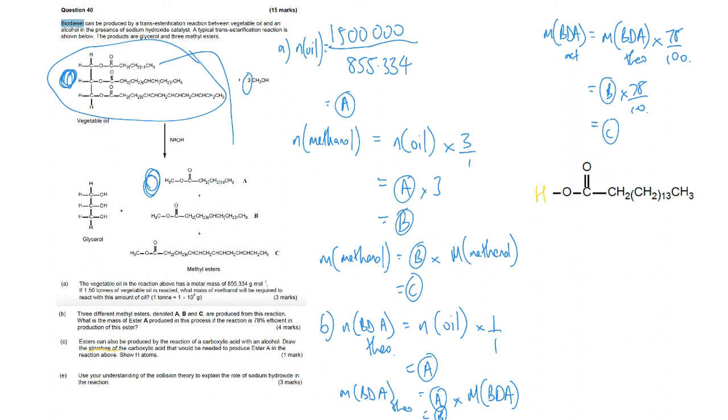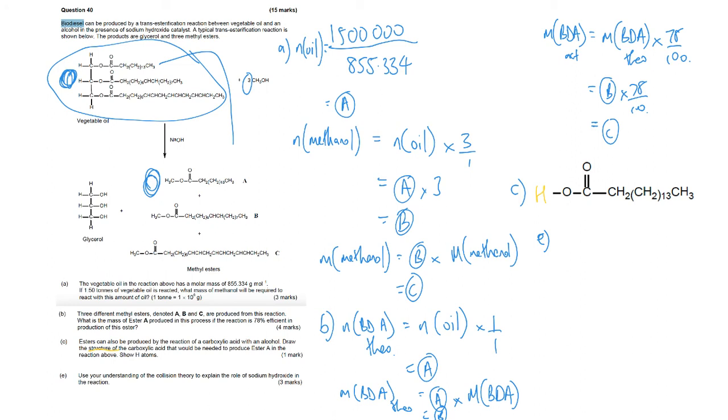All right, and use your understanding of the collision theory to explain the role of sodium hydroxide in this reaction. So again, what is the use of a catalyst? Okay, so that's E. What's that one? C. What's this one? B. Yeah, so cool. All right, so E, understanding collision theory.